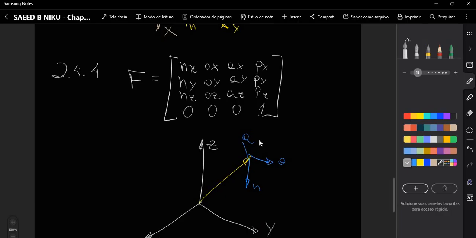I already mentioned in the first video that W is the scale factor, and I said P is positive and is in a direction which we can decompose on the components of this reference system, but the vector P is actually not perpendicular to any of these axes of this reference system.